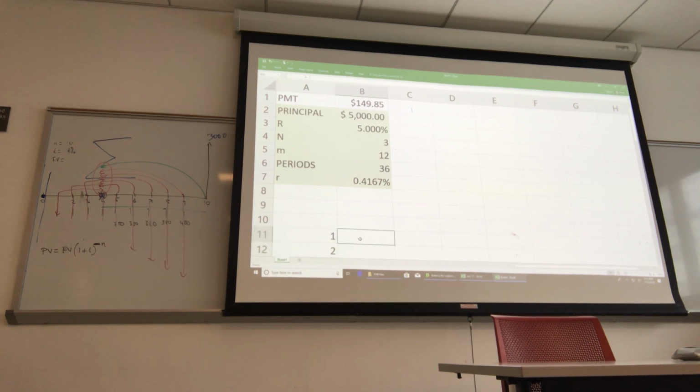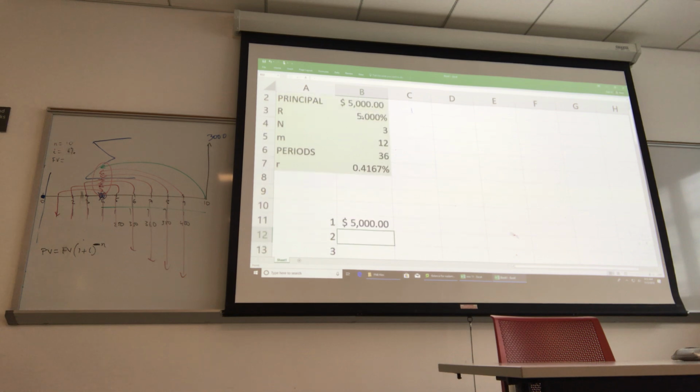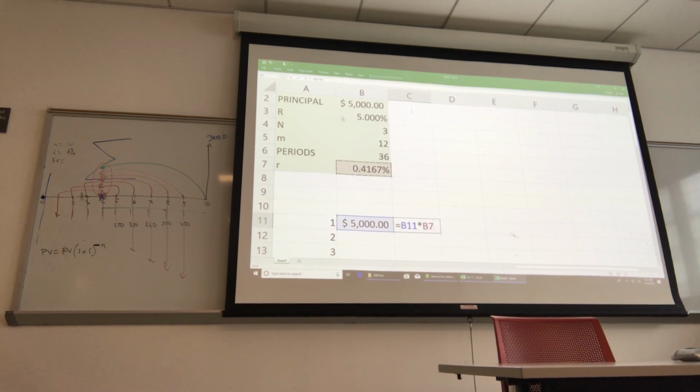What is going on here? The loan is 5,000. The interest that Victor has to pay for that loan is 5,000 multiplied with the monthly rate.